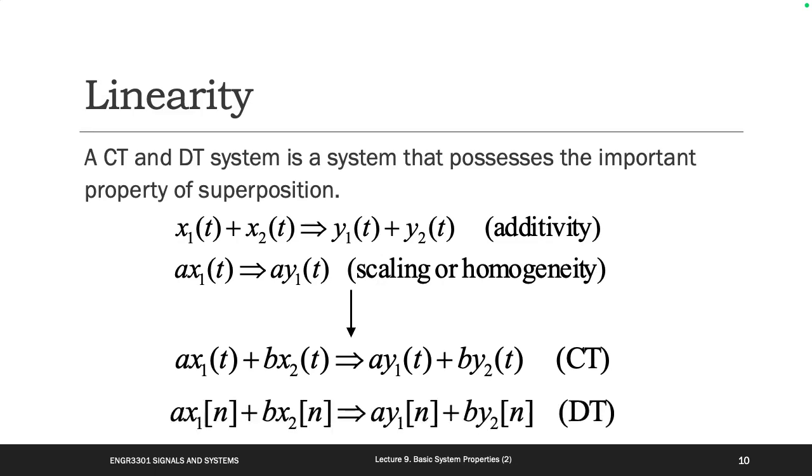The similar thing applies to the DT. This is the superposition property. If this system has two different inputs with different scalings, and we can get the output in this form, similar to the DT, then we can decide our system is a linear system. That makes sense to you.